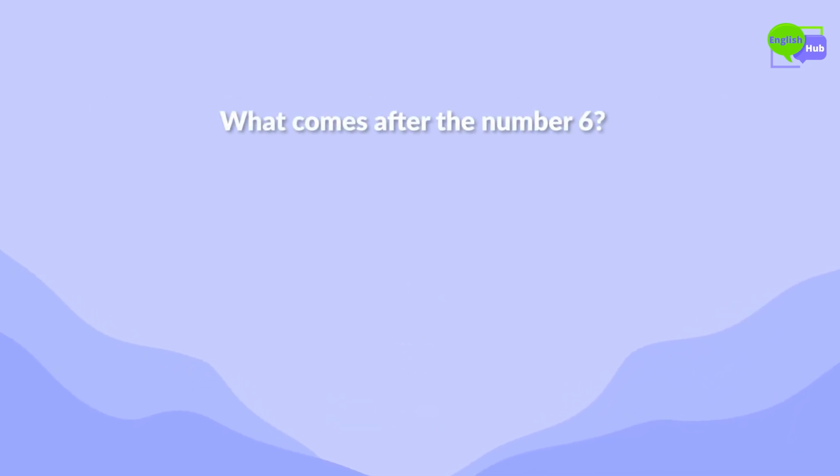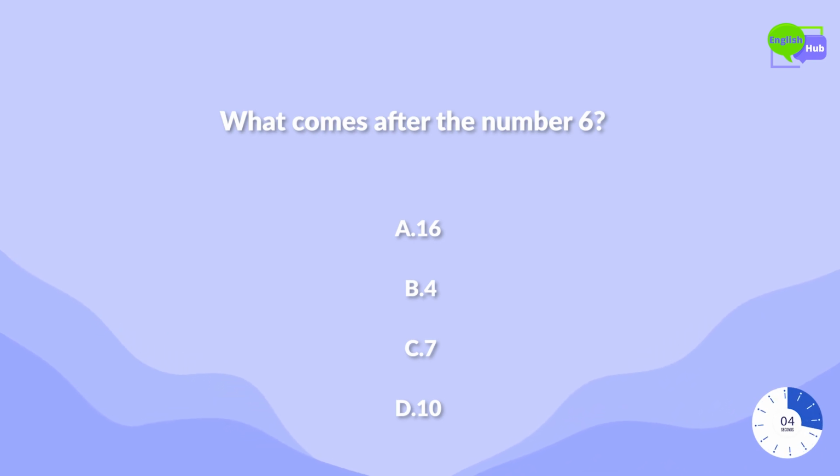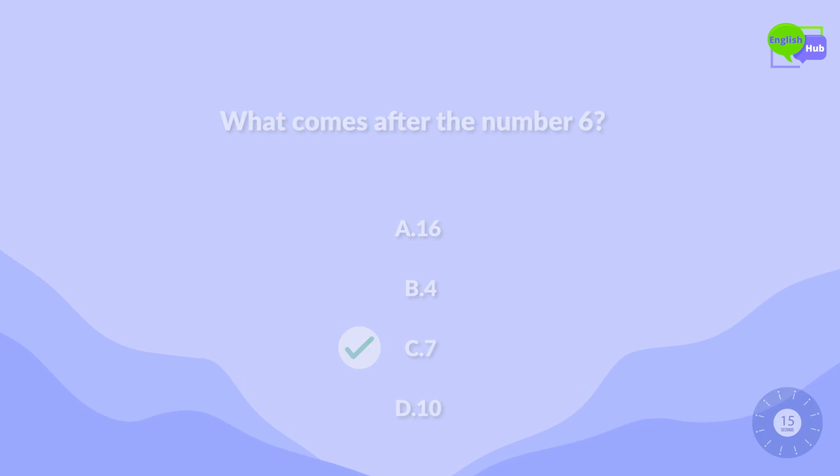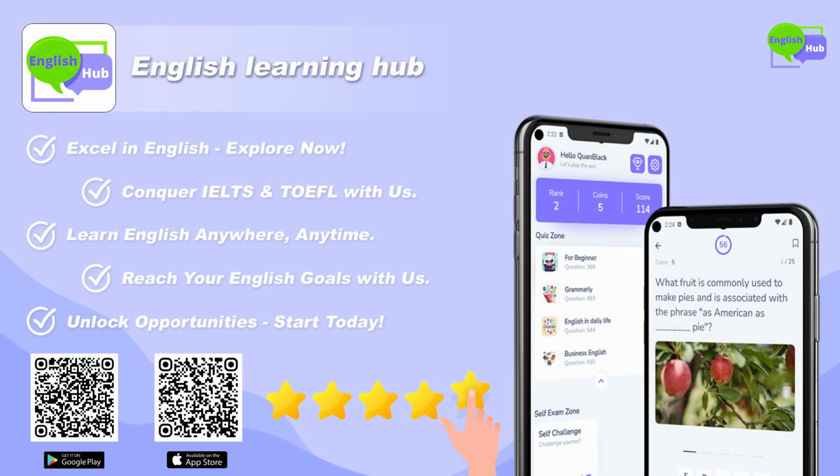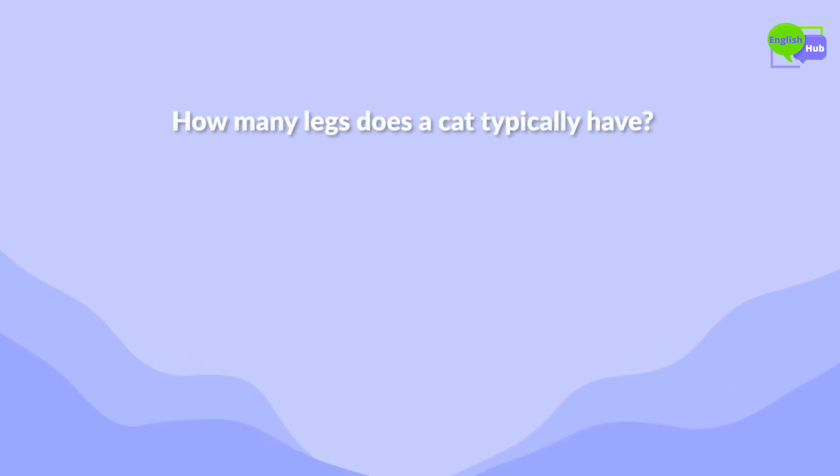What comes after the number 6? How many legs does a cat typically have?